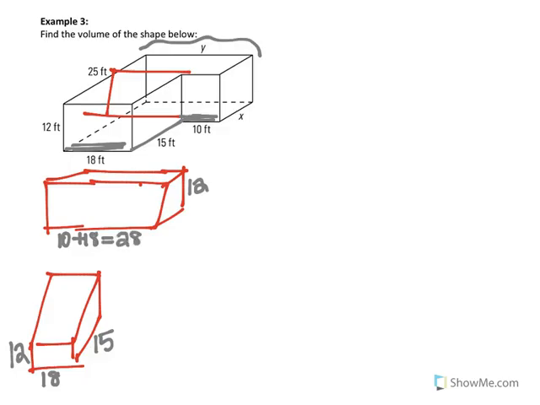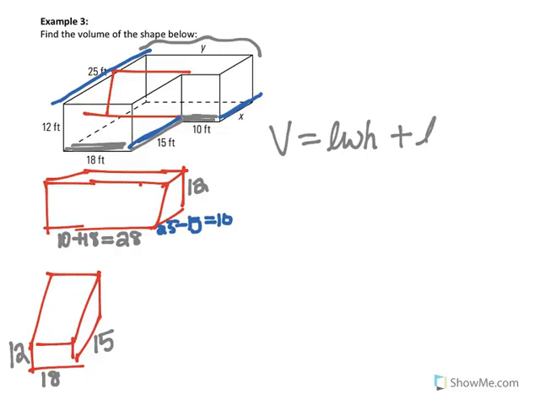Now to find this x right here, we know that all the way across is 25, and from right here to right here is 15, so we're going to go 25 subtract 15 to get 10 for this shape. So our volume is going to be length times width times height, plus length times width times height. One for each of the shapes.